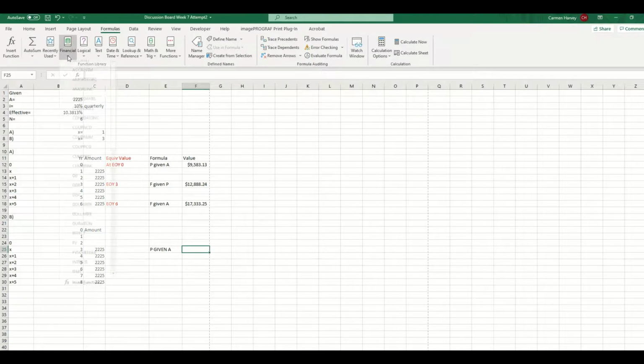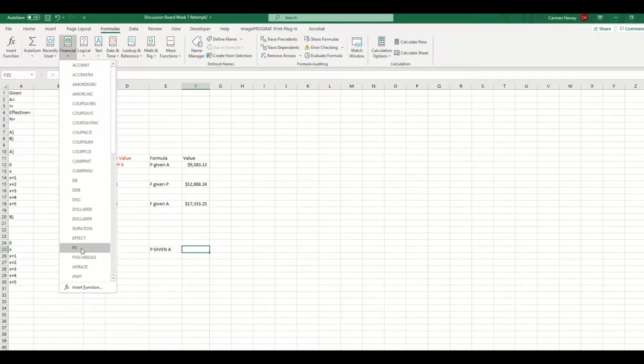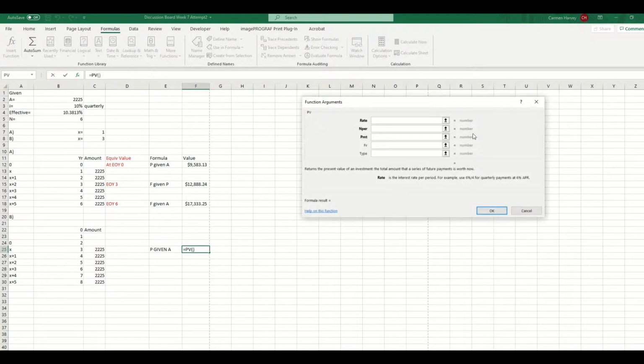And so under financial, we go to PV. The rate is given here. The N on this one is going to be 6, because of the span from here to here.